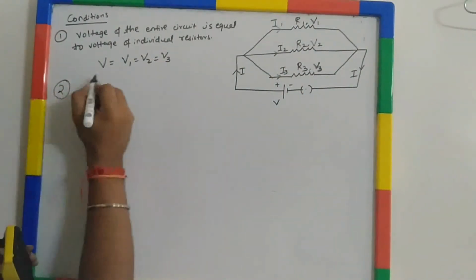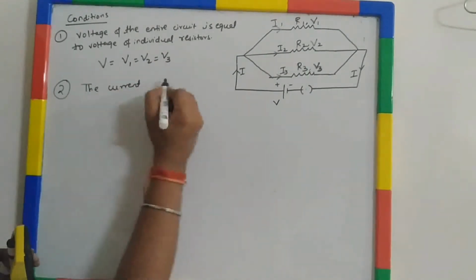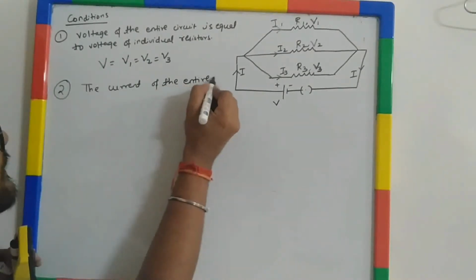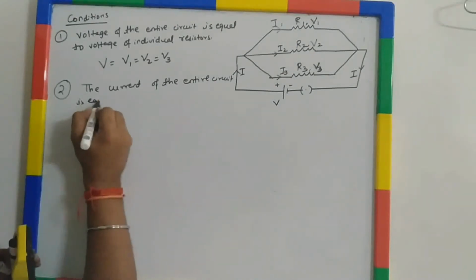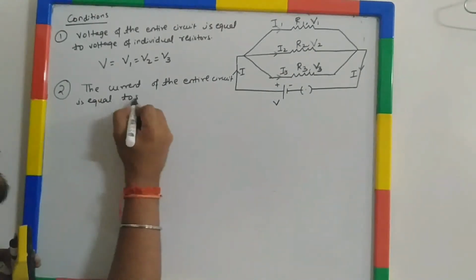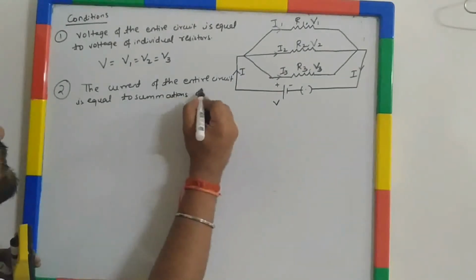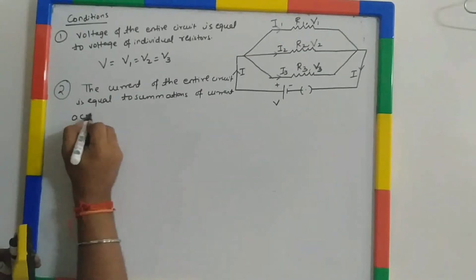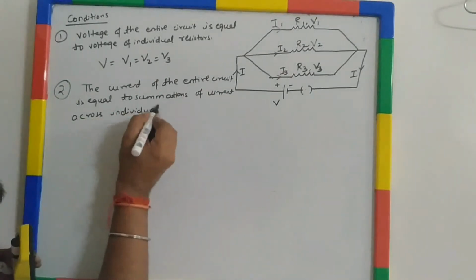The second condition is the current of the entire circuit is equal to summation of current across individual resistors.